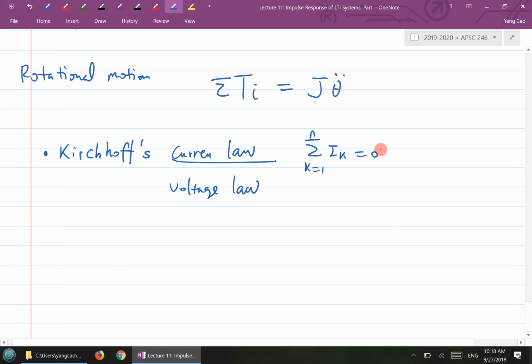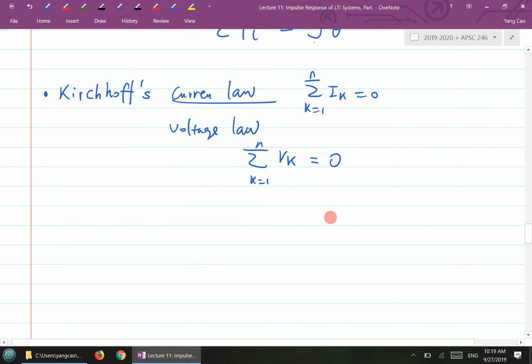And the voltage law says if you look at a loop and you add all the voltages up around the loop, you get 0. That's the two basic laws, the current law and voltage law.